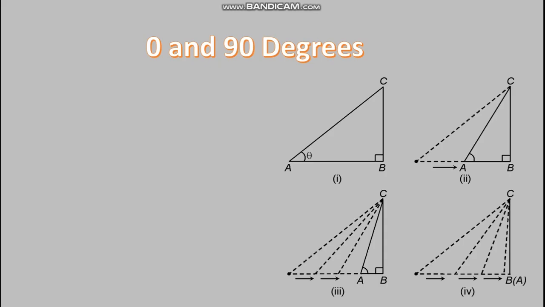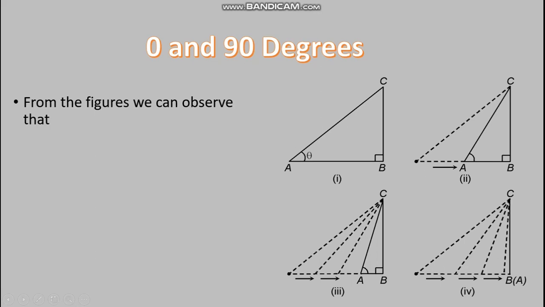Now, next I am going to explain to you trigonometric ratios for angles 0 degrees and 90 degrees. See here. Children, observe all the four figures clearly. If you see angle A, it is increasing from figure 1 to figure 4.